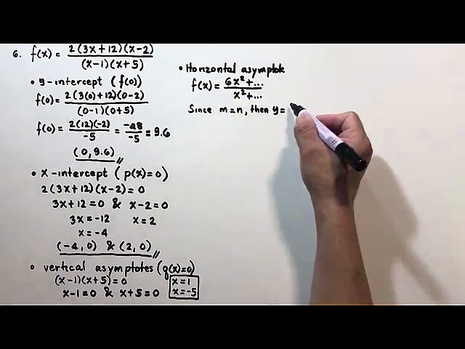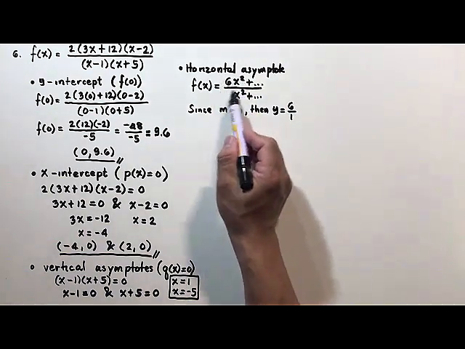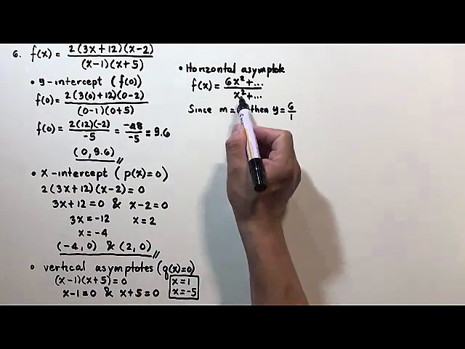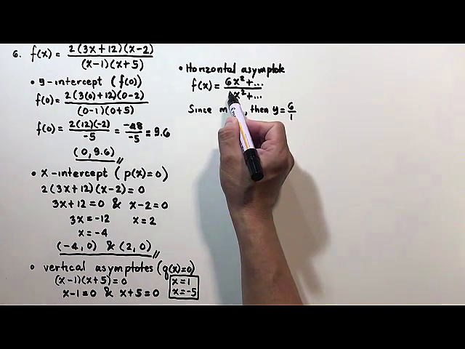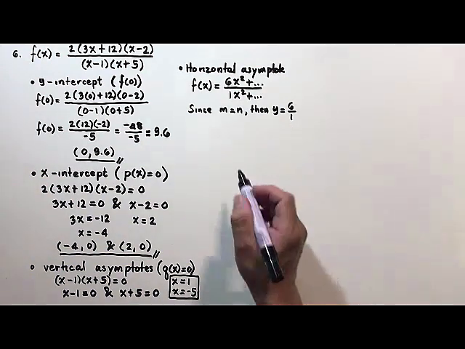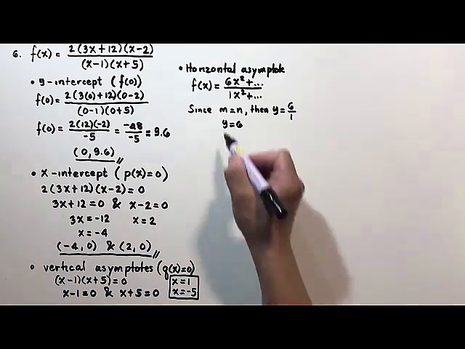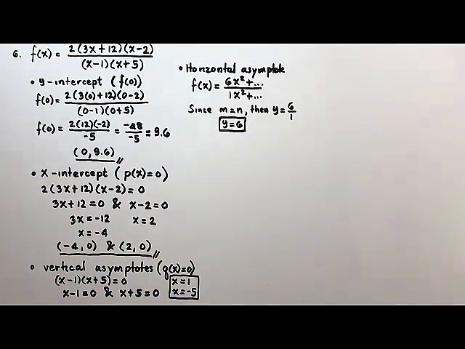So this is 6 divided by 1, because the coefficient of the leading term in the numerator is 6, and the coefficient of the leading term in the denominator is understood to be 1. So that is 6 divided by 1, or y equals 6. And this is our horizontal asymptote. So with this information, we can now initially plot our graph.